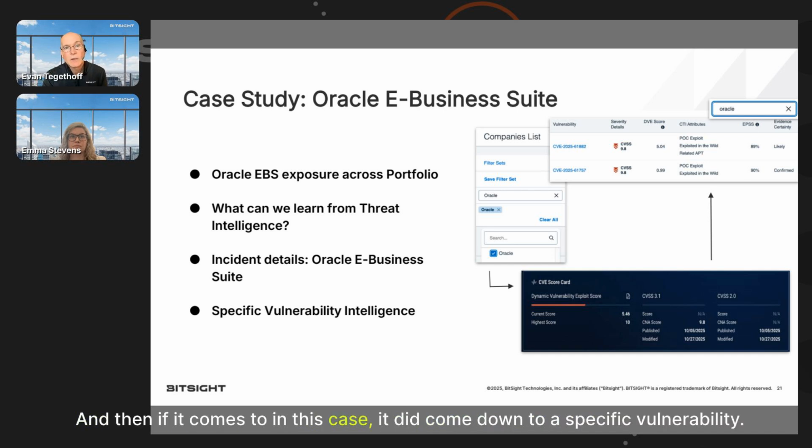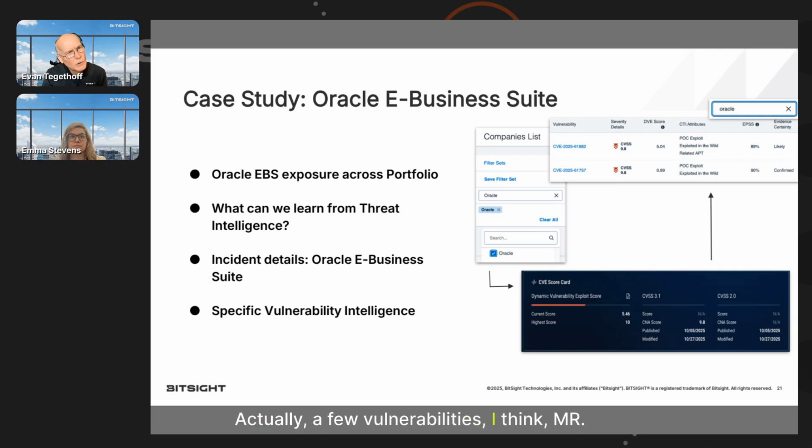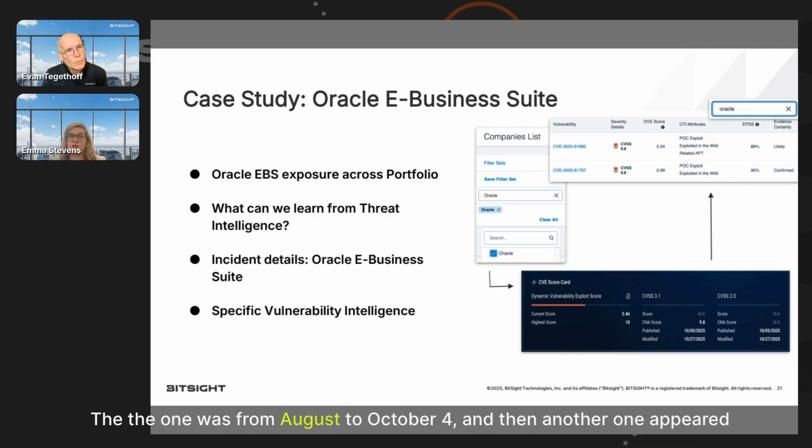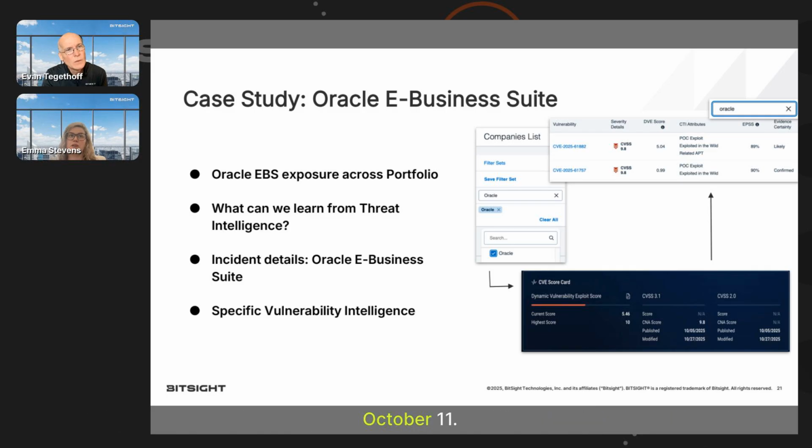And then in this case, it did come down to a specific vulnerability. Actually, a few vulnerabilities, I think, Emma, or was this really like one vulnerability in this case, do you think? The one was from August to October 4th, and then another one appeared October 11th. Okay, yeah, I thought it was a couple.